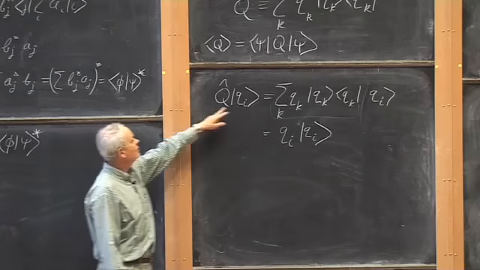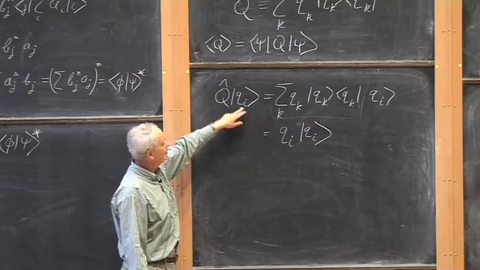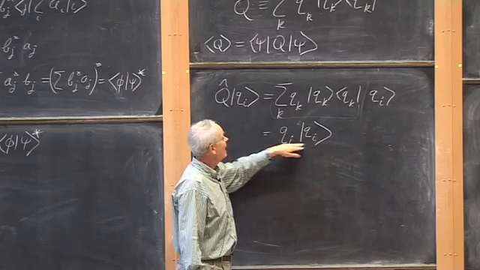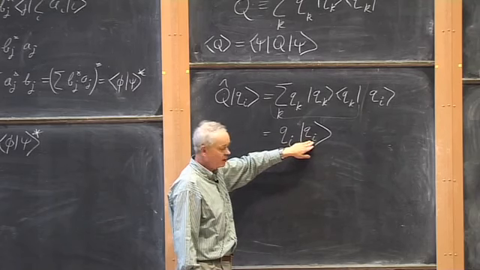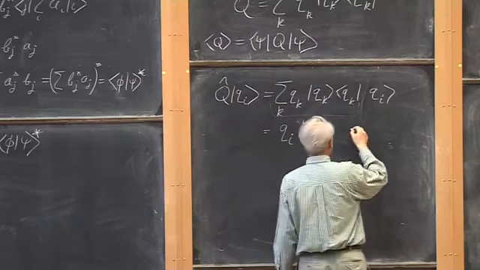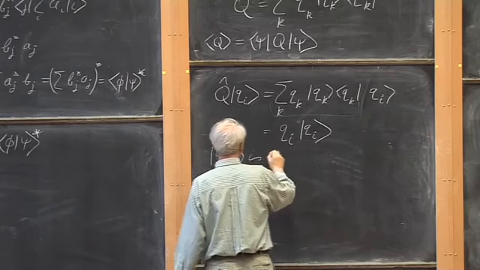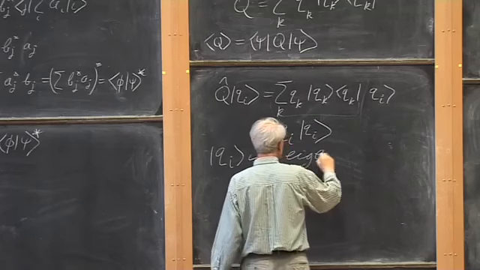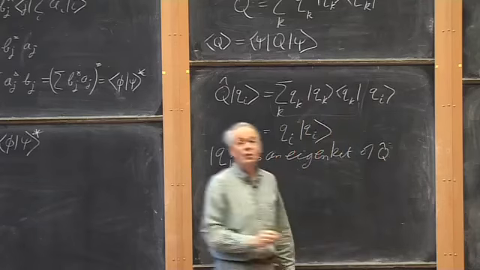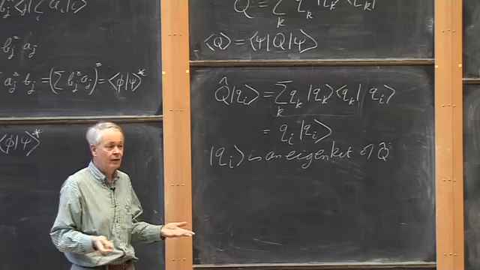So what Q does to this state of well-defined Q, of the well-defined value of the observable, is make a scale model of what we started with, with a scaling factor Qi. So in the mathematical language, which I guess you've met, this says that Qi is an eigenket of Q. You have met that, right? You've met eigenkets, eigenvectors, whatever, of operators.